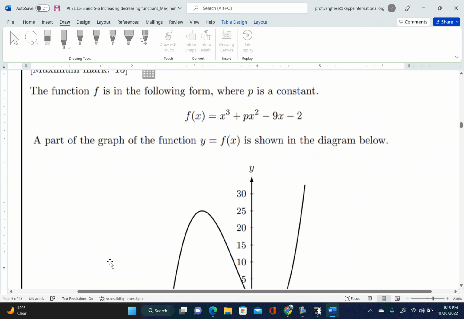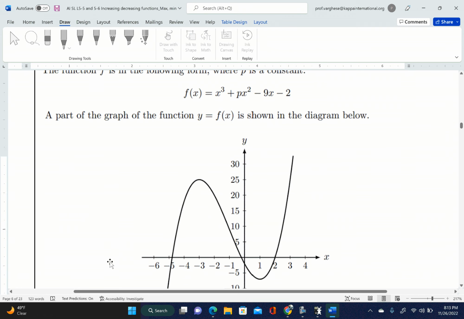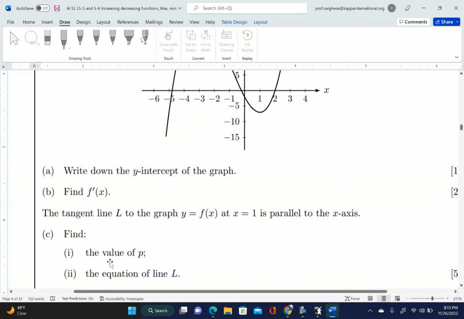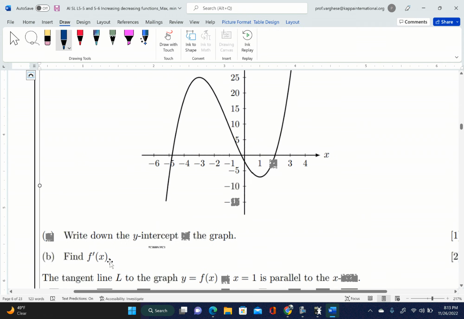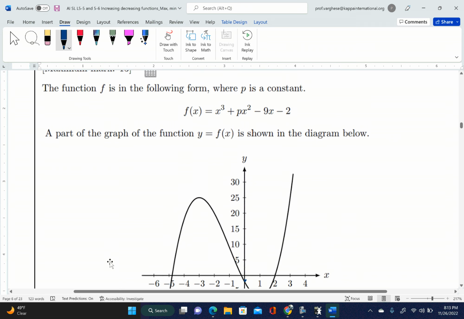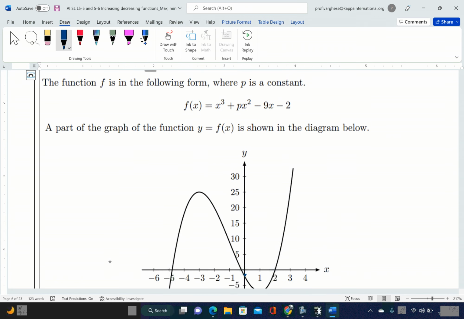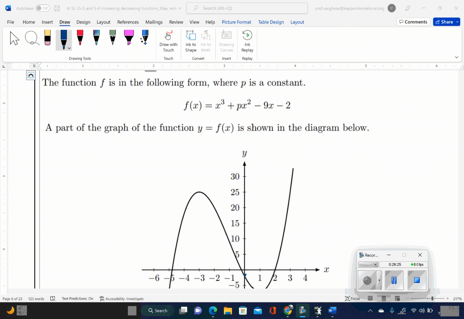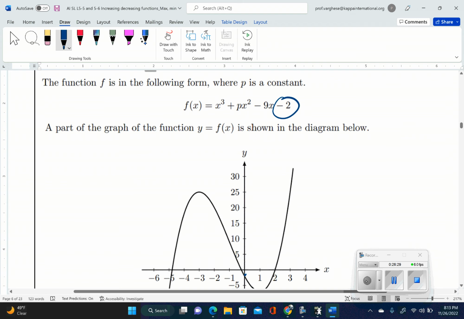Question number 4. Part of the graph is shown. Write down the y-intercept. So my y-intercept is right here. I'm looking to find out what that is, and here it tells me that it's going to equal -2, right? There's my y-intercept right there.